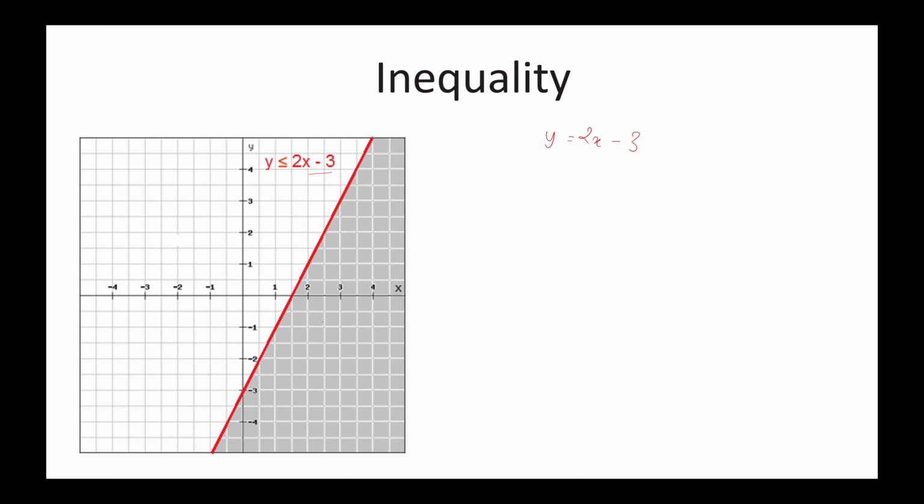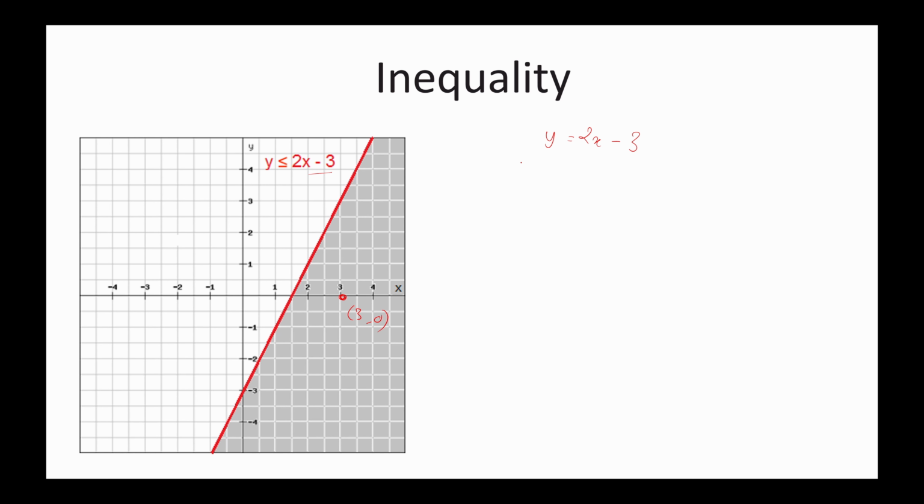Let us take any point on one side of the line, and take another point on the other side of the line, and we put those points in our equation. If that point satisfies our equation, that means that portion is our shaded one and the other one is not. So for example, in this graph here, let us take 3 comma 0.